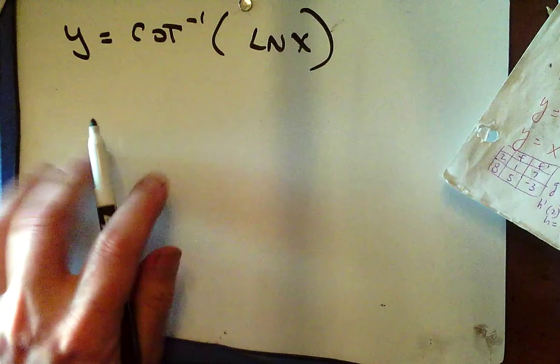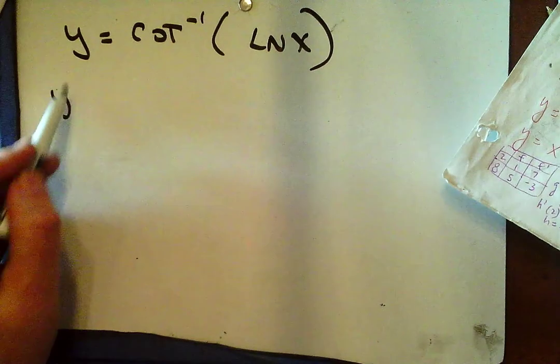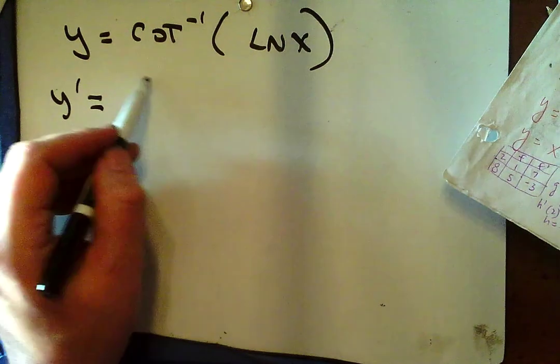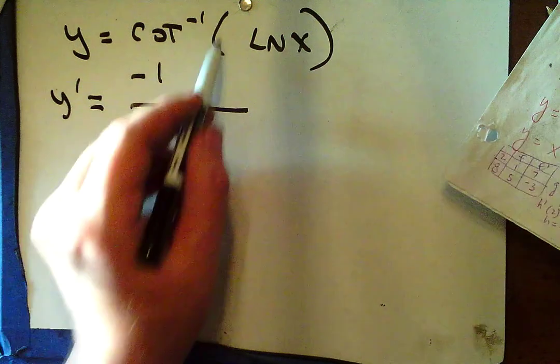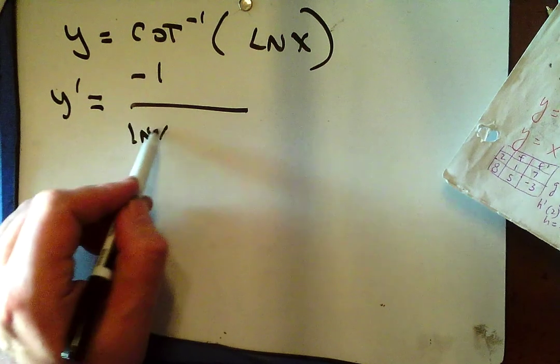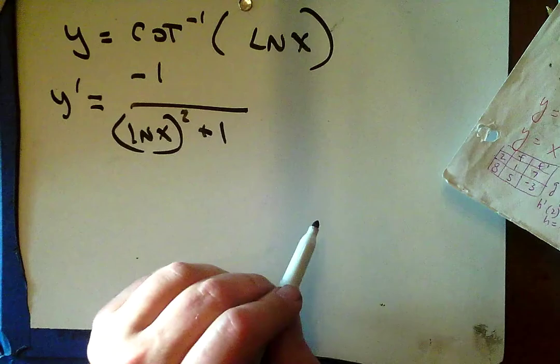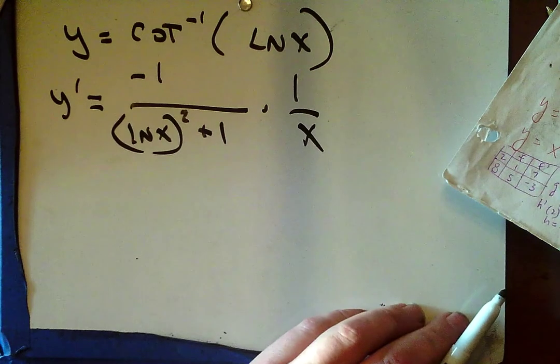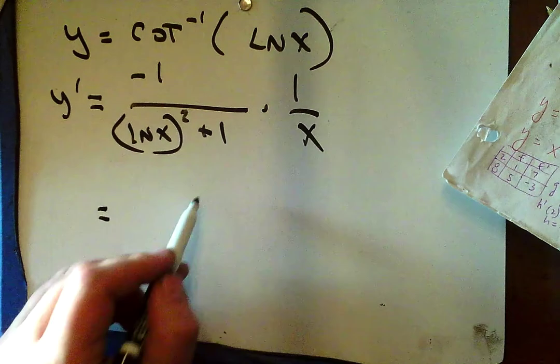Cool. Please take the derivative of this. Okay, welcome back. Cotangent inverse derivative, negative 1 over stuff squared plus 1 times the derivative of stuff. And no, I don't really see any simplifying I can do here.